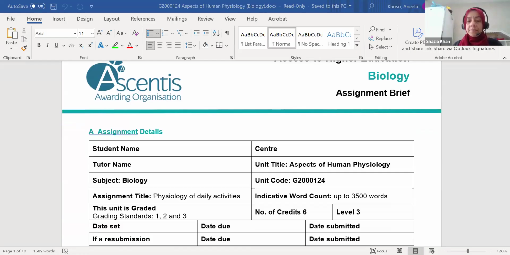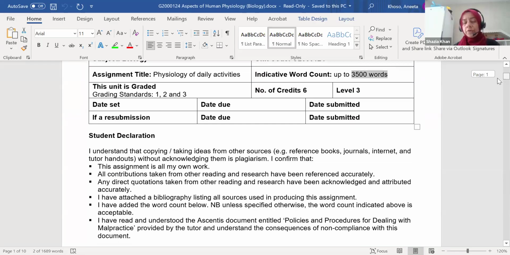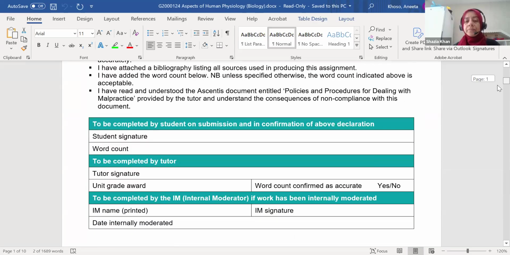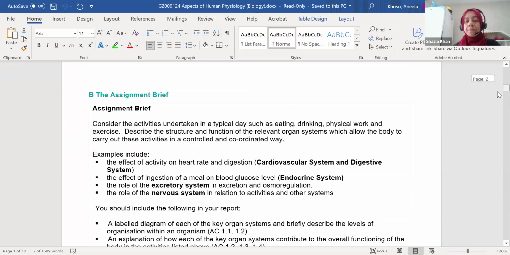Please email them, and they will help you go through the process if you're having trouble. So this has an indicative count of 3,500 words. You've had a look at how you're being asked to submit the assessment, and this is the assignment brief.